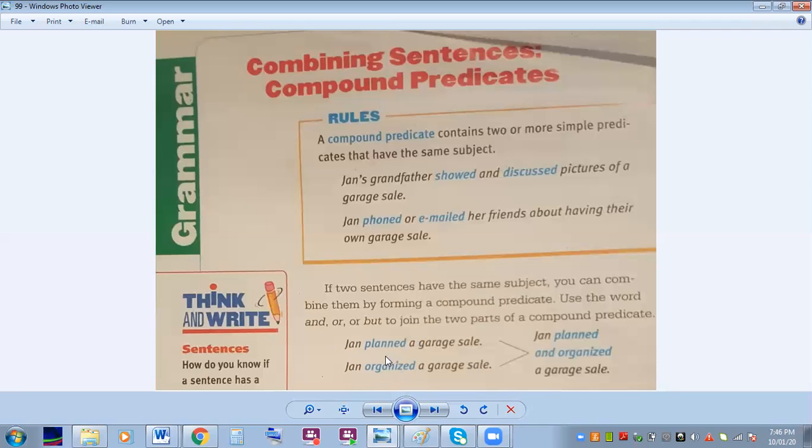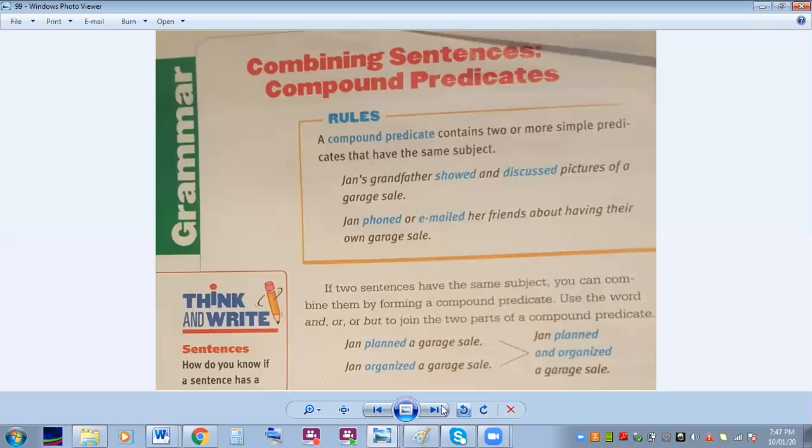Jan planned and organized a garage sale. Okay, Jan planned and organized a garage sale. We join the two predicates with the word and. Planned and organized is a compound predicate because it has two parts. Planned, the first part, organized, the second.